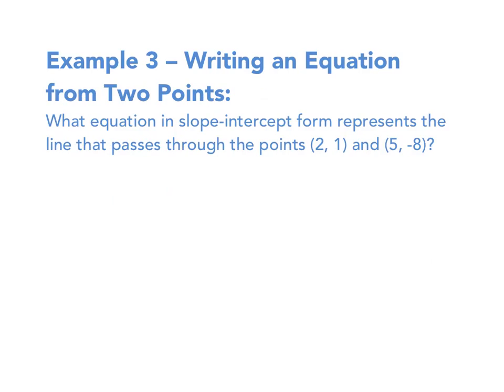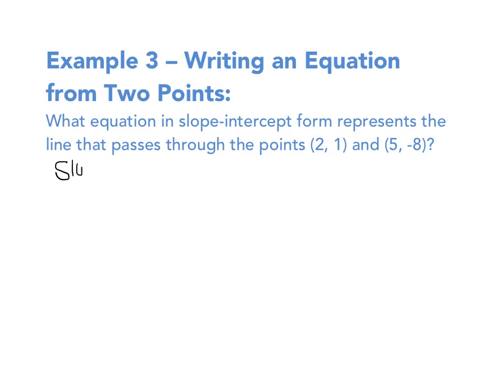And your last example is writing an equation from 2 points. So what equation in slope-intercept form represents the line that passes through the 2 points of (2, 1) and (5, -8)? And this piece has a couple steps. So I'm missing the slope to write, and I'm missing the y-intercept.